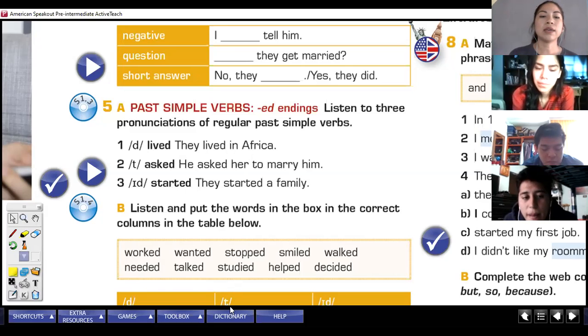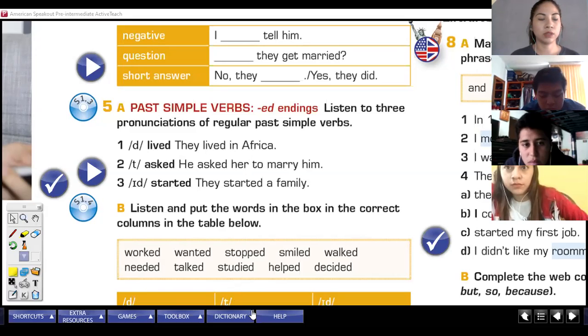Okay, if we are going to learn this pronunciation, let's go back. Here I prepared a Jamboard for you. I will also publish this in Classroom. And this is quite important.